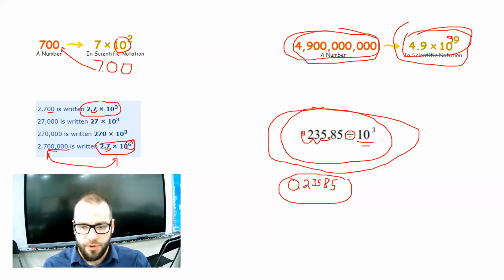And we can have our 0 wholes. This is a fraction: 23,585 hundred thousandths, which is about a quarter.